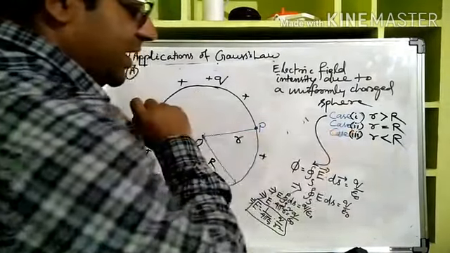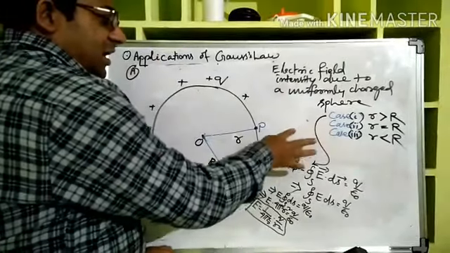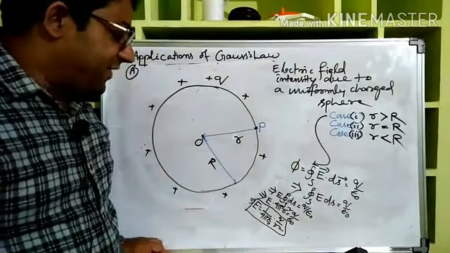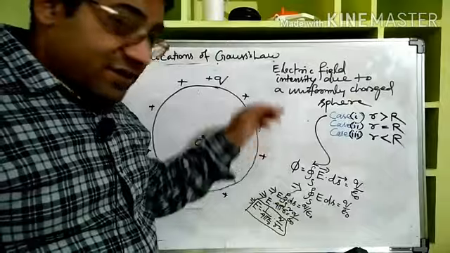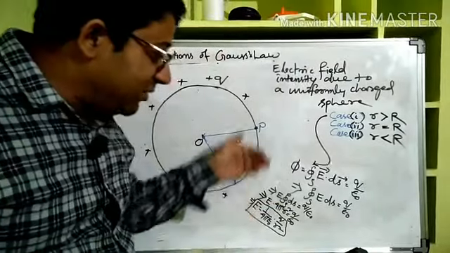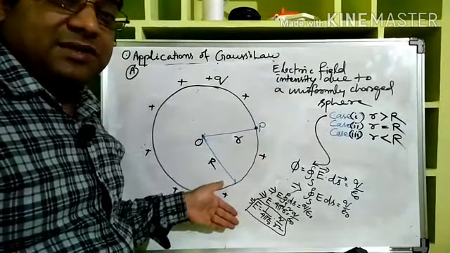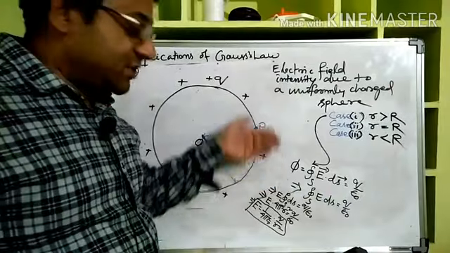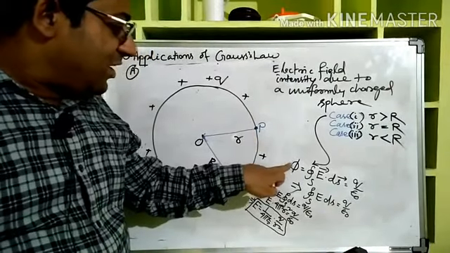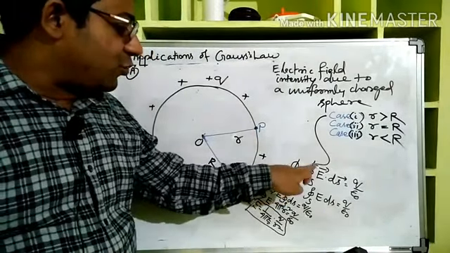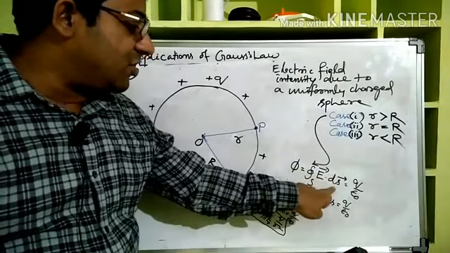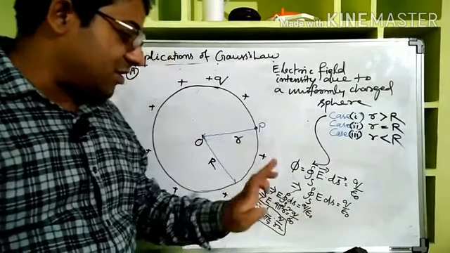That's case 2, right? Now please understand what will be the difference. Again we start a new derivation. I am not writing that again because it would be a repetition of the same thing, and that repetition only will create confusion. So what I will write is phi is equal to the closed surface integral of E dot ds is equal to q by epsilon naught.